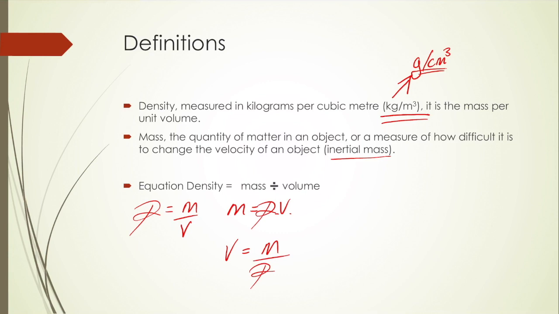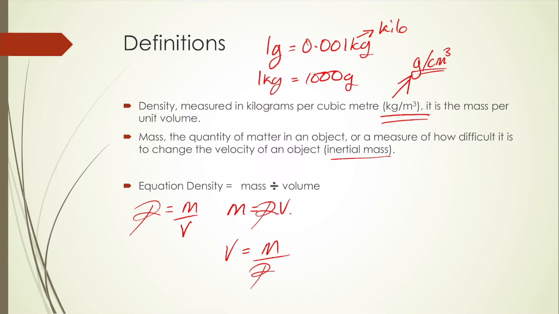Now, just to go over the differences between grams and kilograms, 1 gram equals 0.001 of a kilogram, making 1 kilogram equal 1,000 grams, because k stands for kilo, which is 1,000.